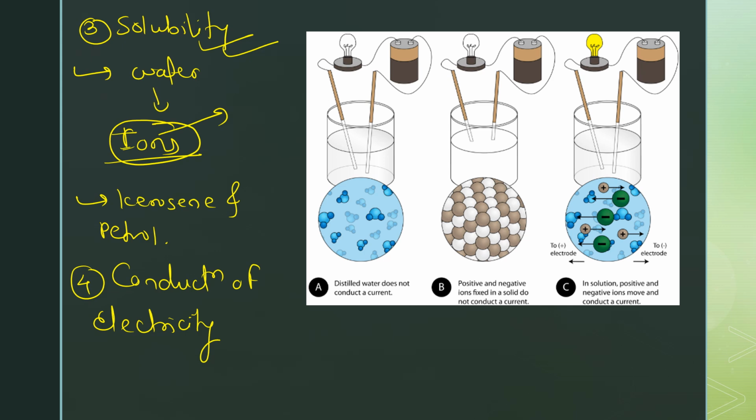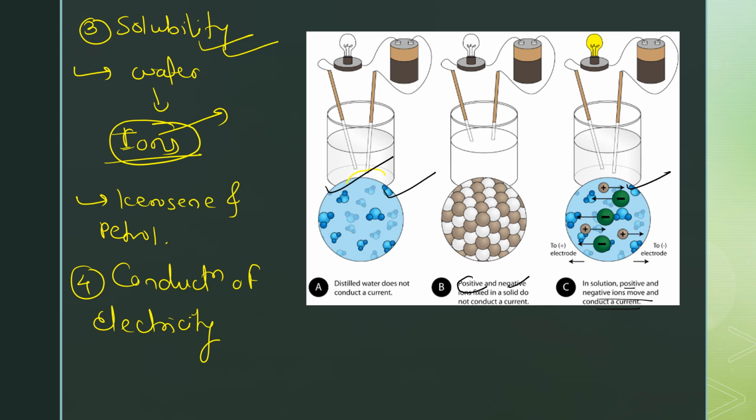As the compound can dissolve in water, it will automatically show the formation of ions. But these positive and negative ions you cannot see in the solid form. You need to dissolve it in a solvent, and then in that solution you will get positive and negative ions which move and conduct a current when you pass electricity through that solution.